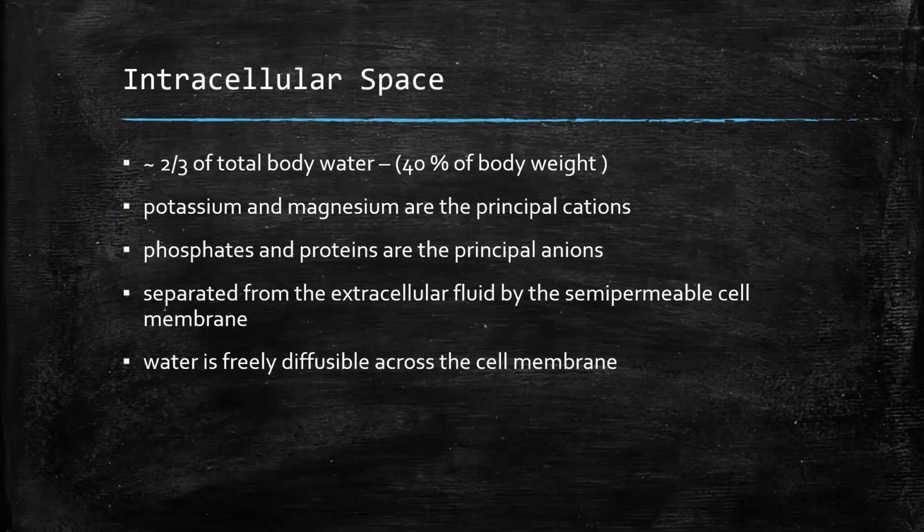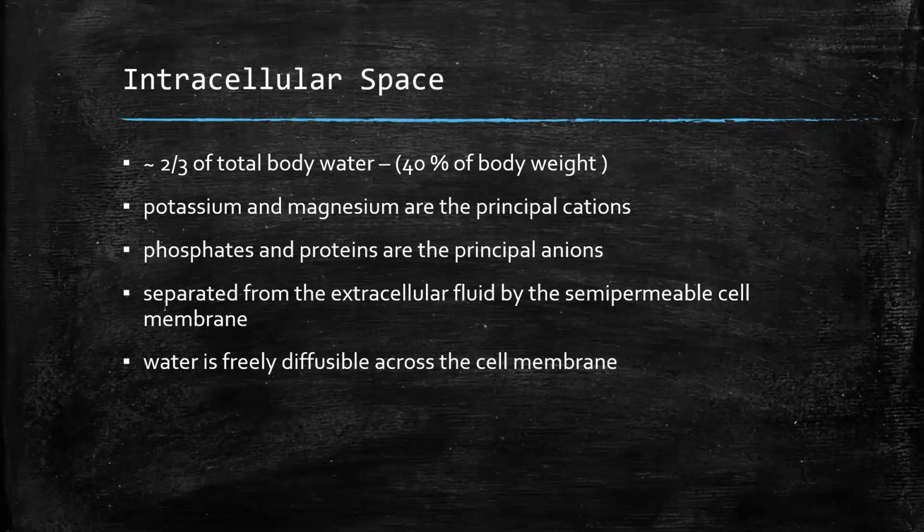So much of our water is locked up in the intracellular space. In that space, potassium and magnesium are the principal positive charges, and phosphates and proteins are the principal negative charges. So this intracellular space is an extremely different space than the extracellular space.